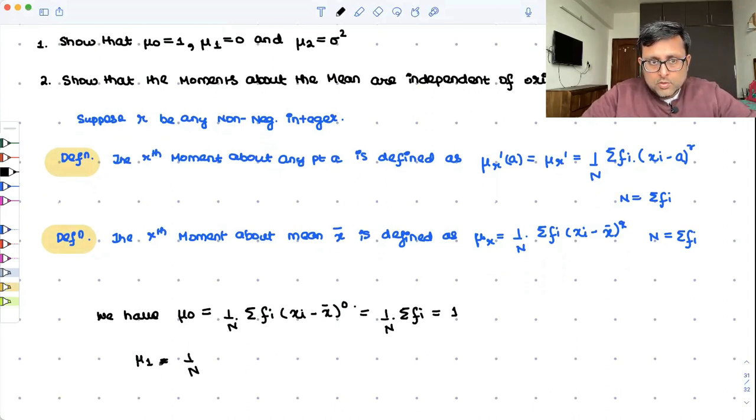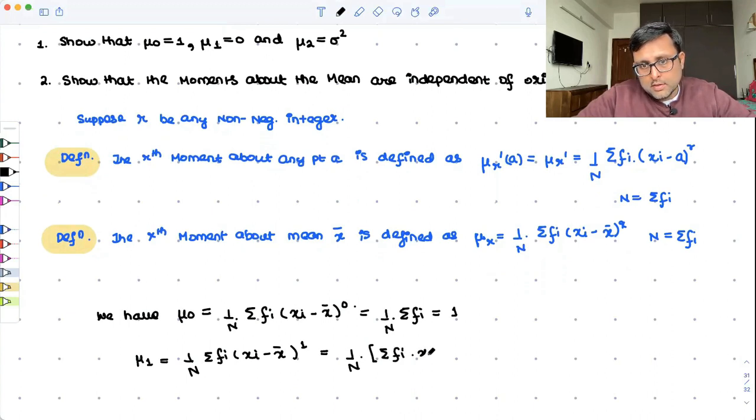Right. So first moment about mean, summation of xi minus x bar to the power 1. So it is 1 upon n, summation of fi xi minus x bar summation of fi.